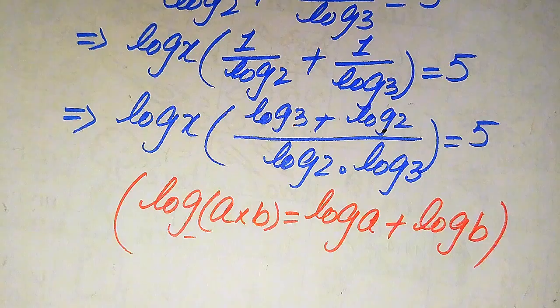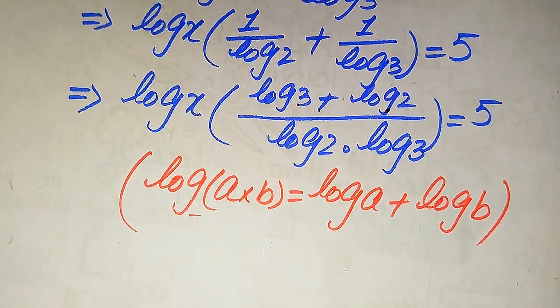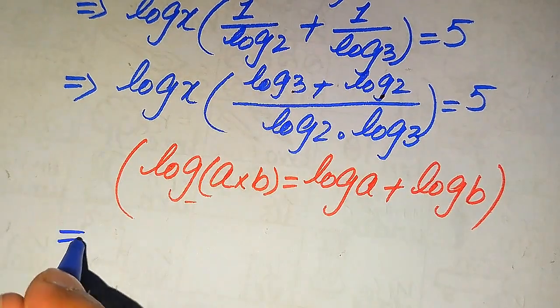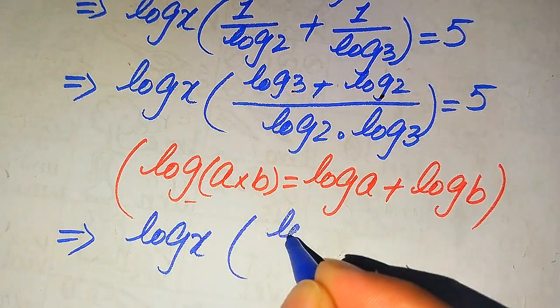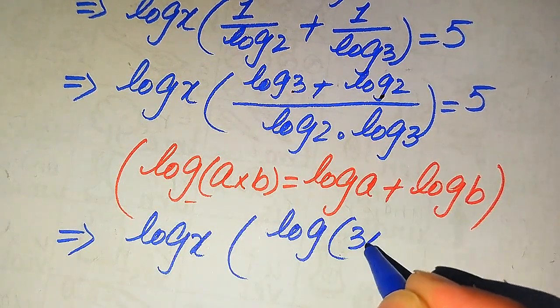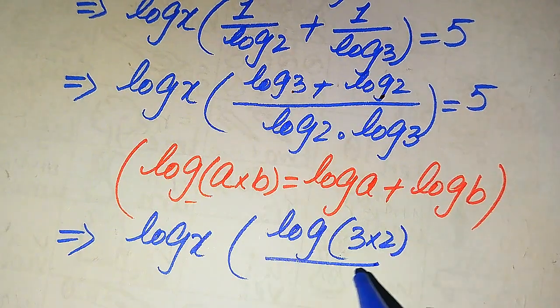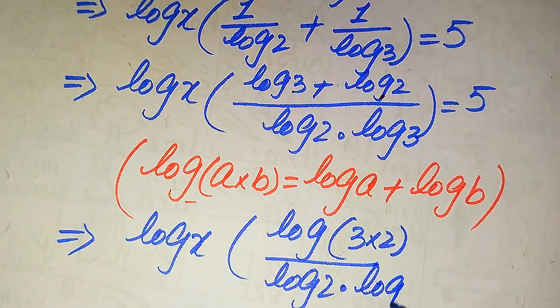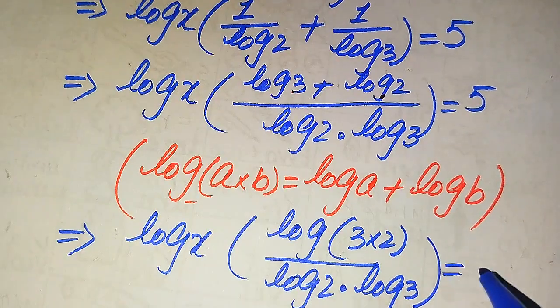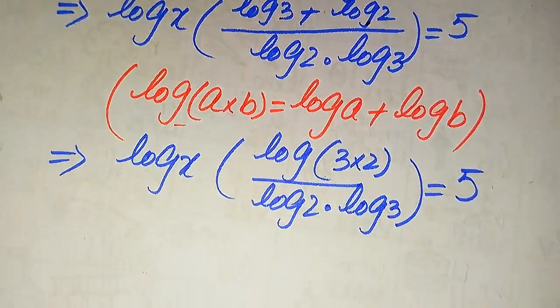When we combine the sum of the log terms, it will be written as log of x into log of 3 multiplied by 2, divided by log of 2 multiplied by log of 3, and this is equal to 5.